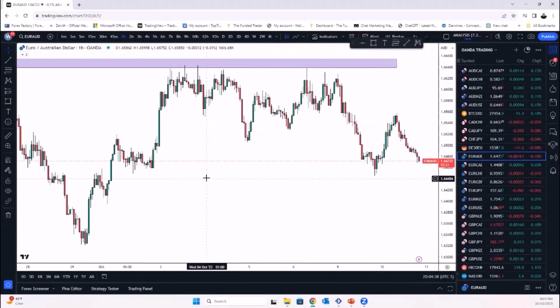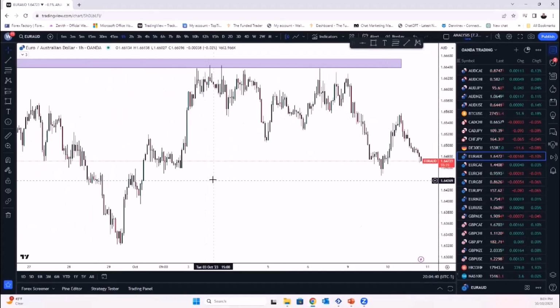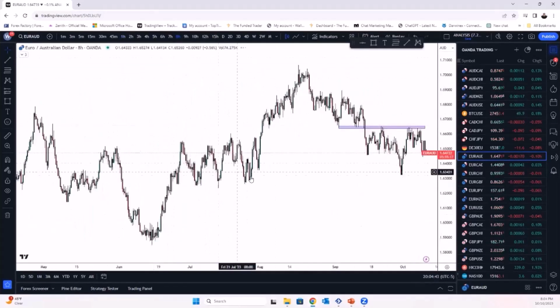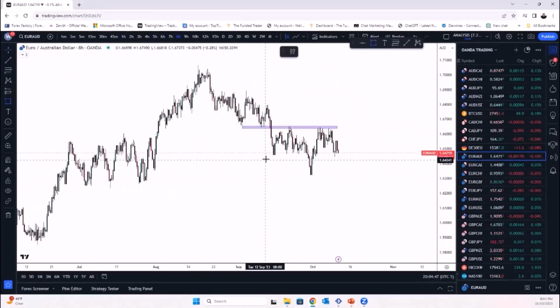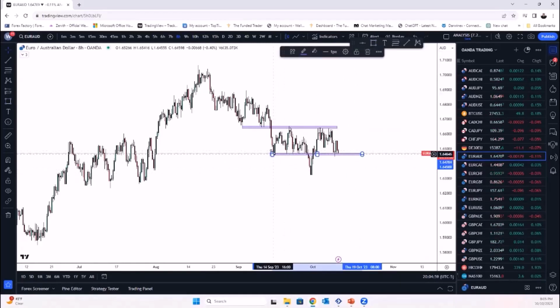All right, we can do the same thing with support once we identify where support is. So let's just say we find support here where we have multiple rejections occurring. Looking left, we can see multiple times where there's more of a range where it comes down and rejects off of here.